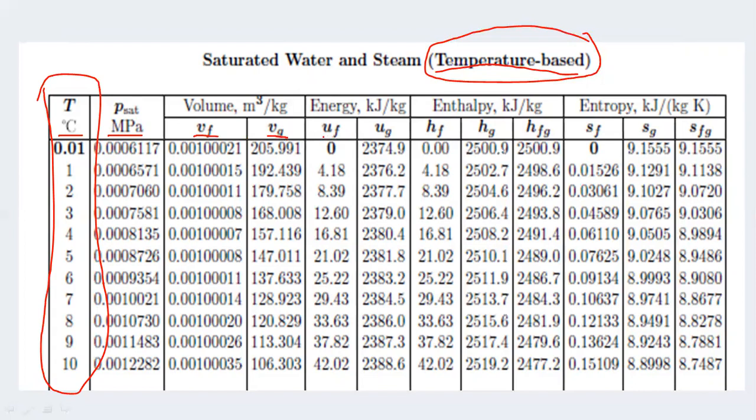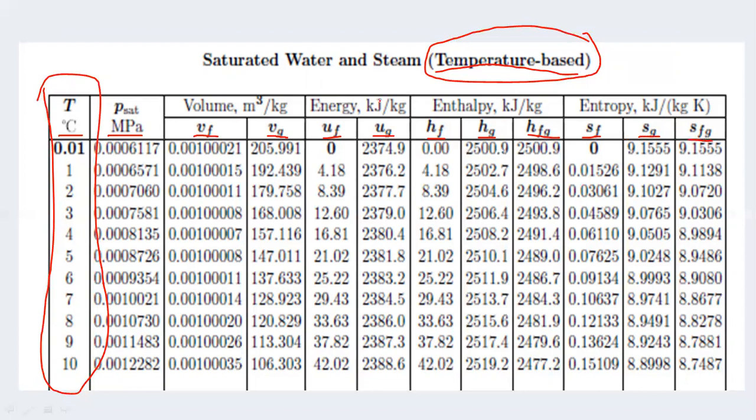Similarly, he has given specific internal energy UF for the fluid phase, and UG for the vapor phase. Specific enthalpy HF for the fluid phase, HG for the dry vapor phase. For the conversion from the fluid to the vapor phase, we have HFG. Subsequently, for specific entropy also, we have SF, SG, SFG.